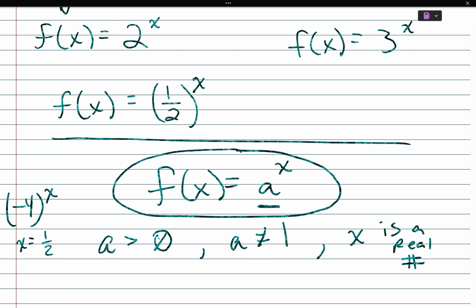Because when the exponent is a fraction, you change it to a radical, so we'll have the square root of negative 4, so that's not a real number. So therefore, that's why a cannot be negative. So a cannot be negative, meaning it has to be greater than 0, and a cannot be 1.